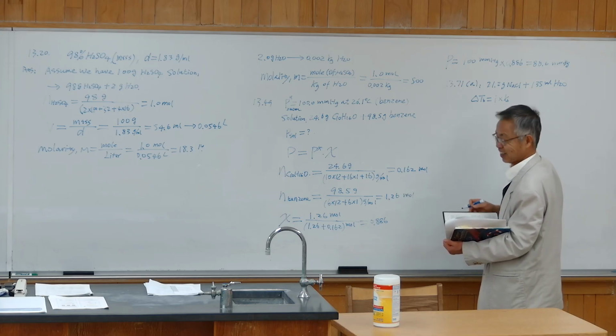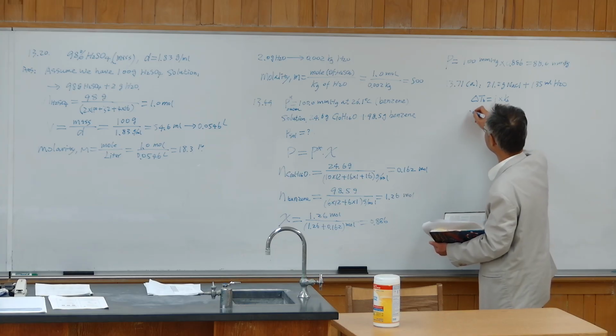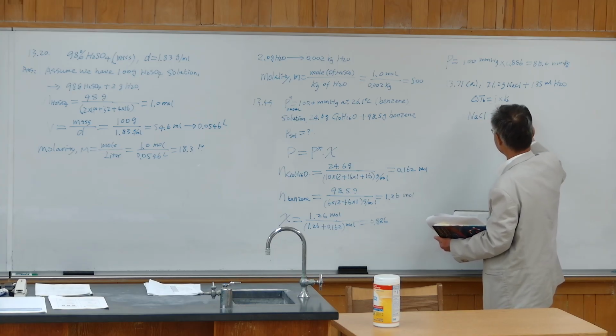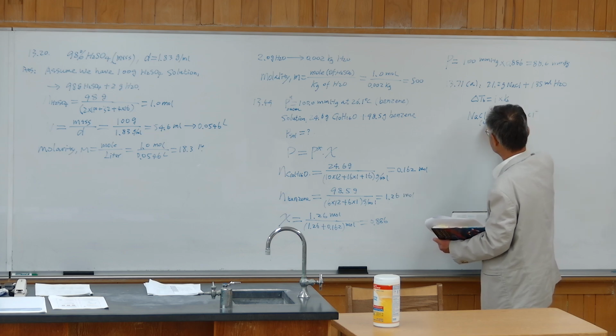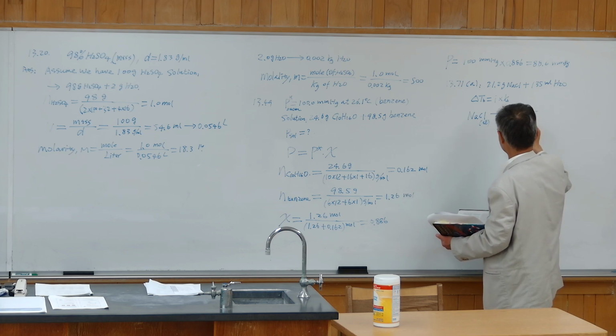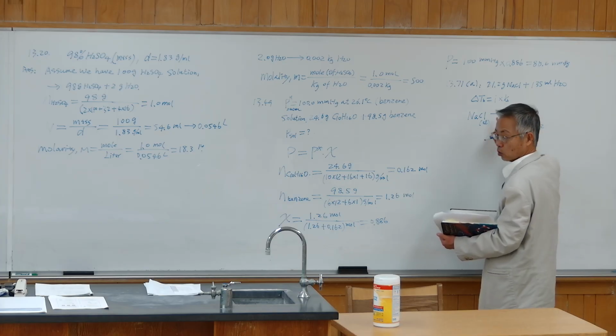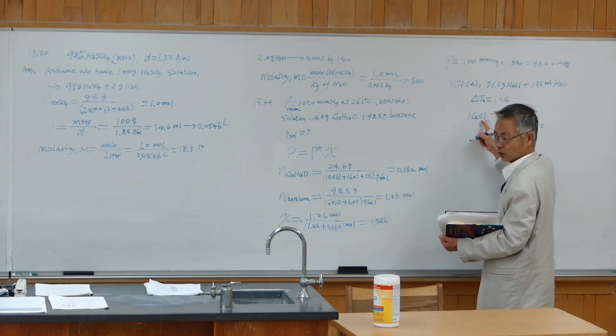For NaCl it is equal to 2. NaCl in water breaks down into 2 particles, so i is 1 plus 1 is 2. The i is the number of particles from 1 unit of the solute.